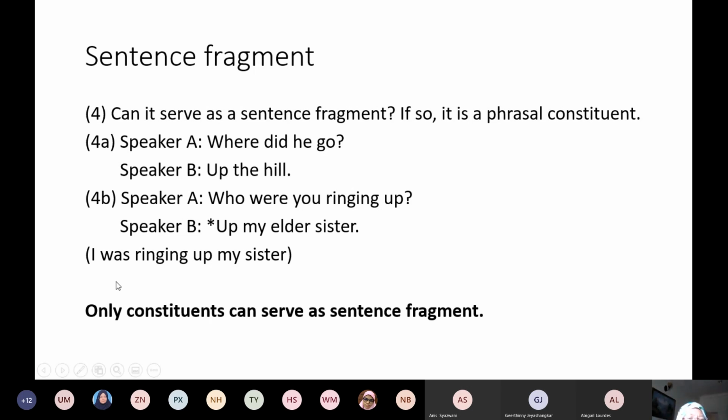So not grammatical. So the conclusion is only constituents can serve as sentence fragments. And the thing about sentence fragment is you have to come up with the situation. That means you have to come up with the question, and then the thing that you're testing, you put it as the answer to the question that you came up with.